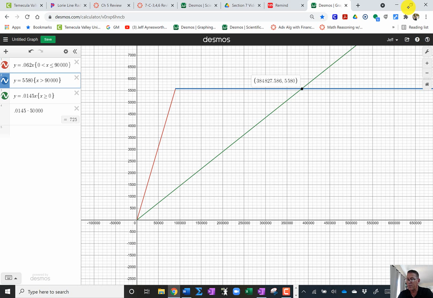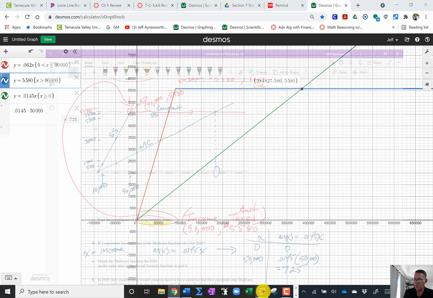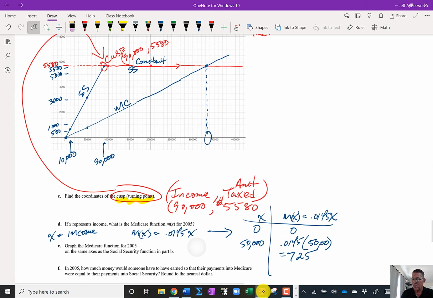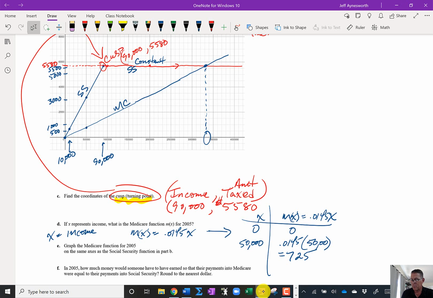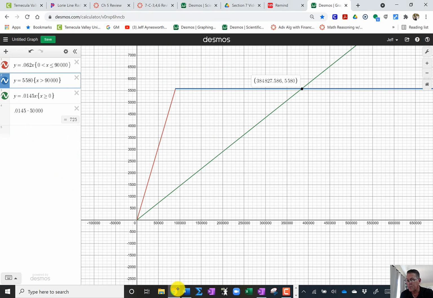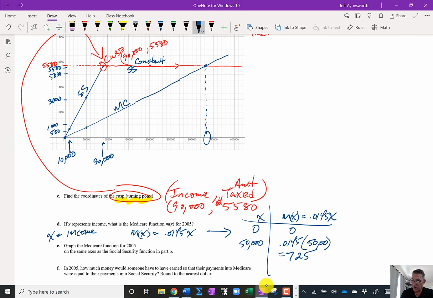Okay, that's not going to work. Let me try that again. This is not easy to do. So I've got to put it at the origin. Then I've got to adjust the points here. Okay, so here we go.